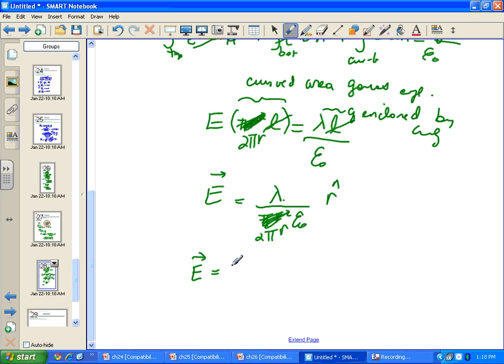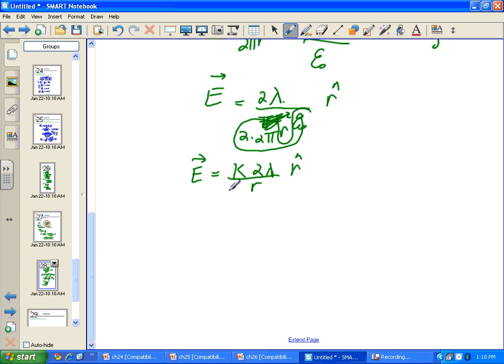Well, we can actually multiply both sides here by 2, 2 times 2 pi r epsilon naught, so that we can get a 1 over 4 pi epsilon naught here, and therefore write k times 2 lambda over r.